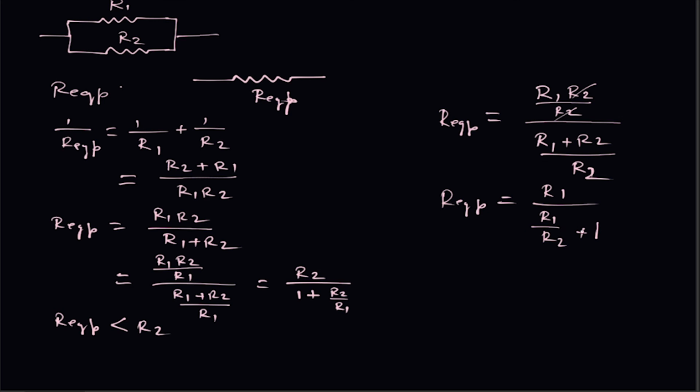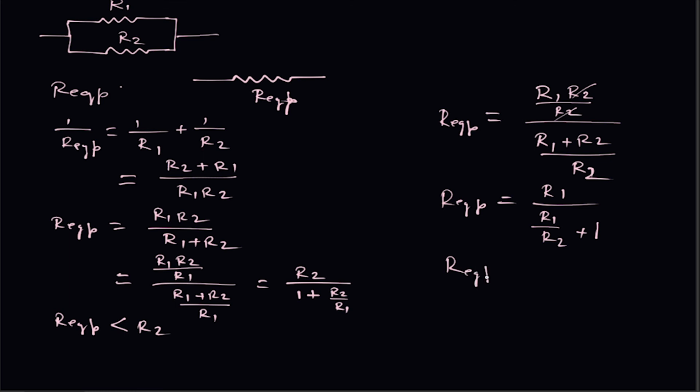Here also you can see that the denominator is greater than 1. R1 is divided by a number which is greater than 1. That means this fraction will be less than R1, and this fraction is R EQP.